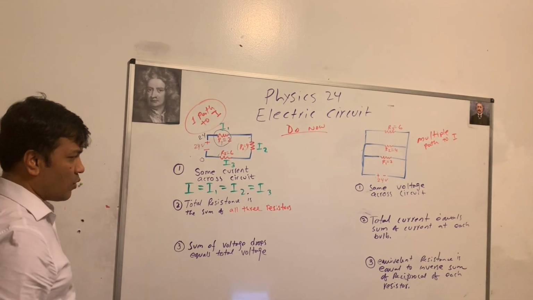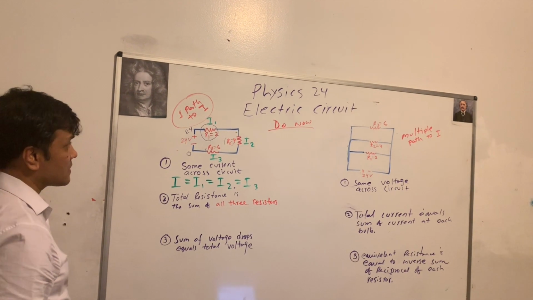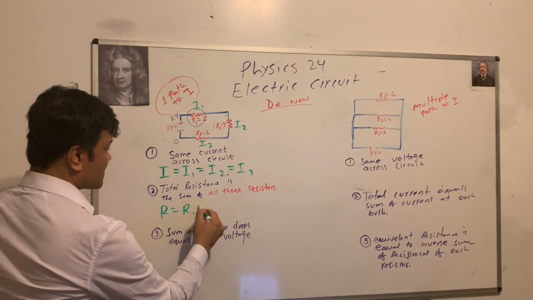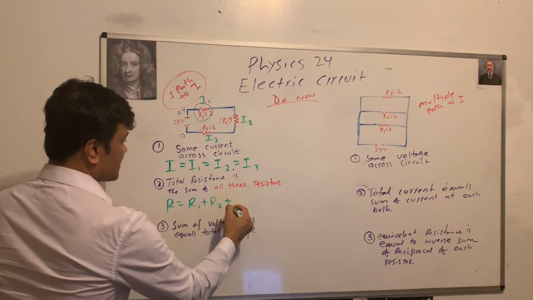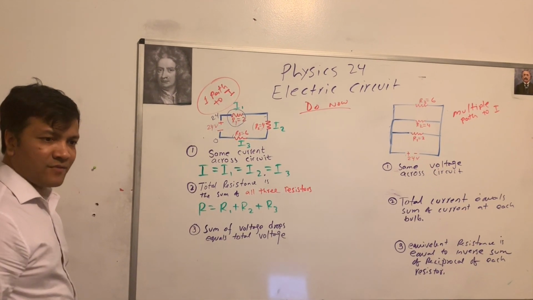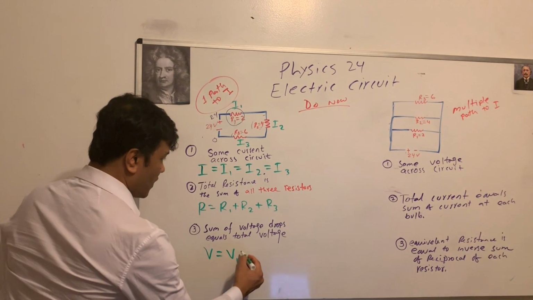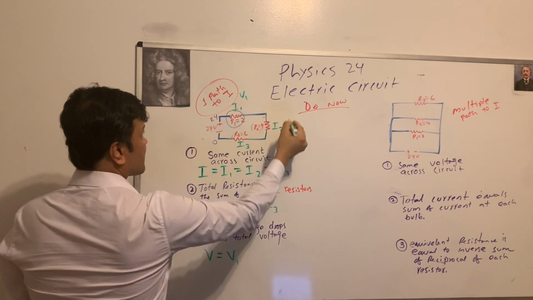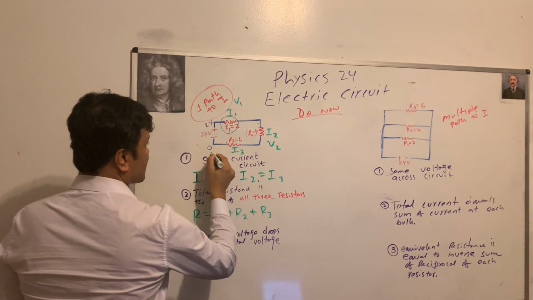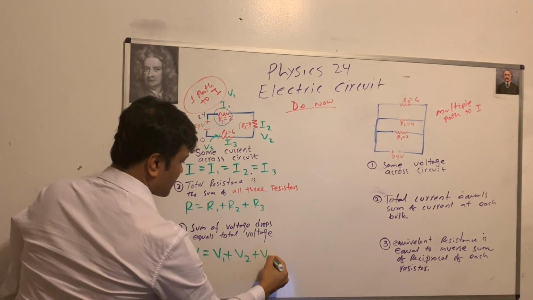The total resistance is R1 plus R2 plus R3. What about the sum of voltage? So V total equals V1 plus V2 plus V3.